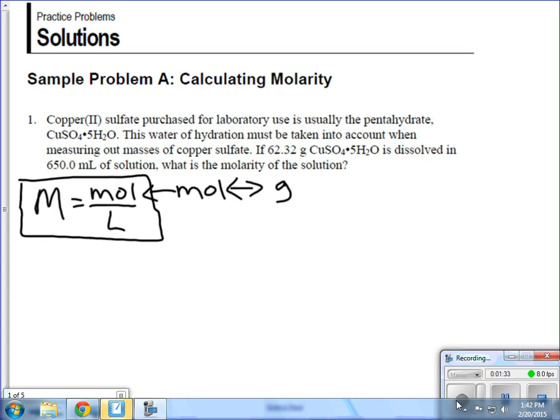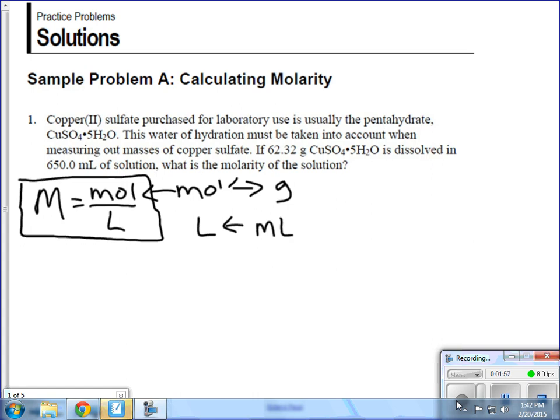Our volume has to be in liters. Just like in this problem, they give us the volume in milliliters. We have to move our decimal 3 times to the left to get it in liters. And I should not say liters equals milliliters. We need to change milliliters to liters.